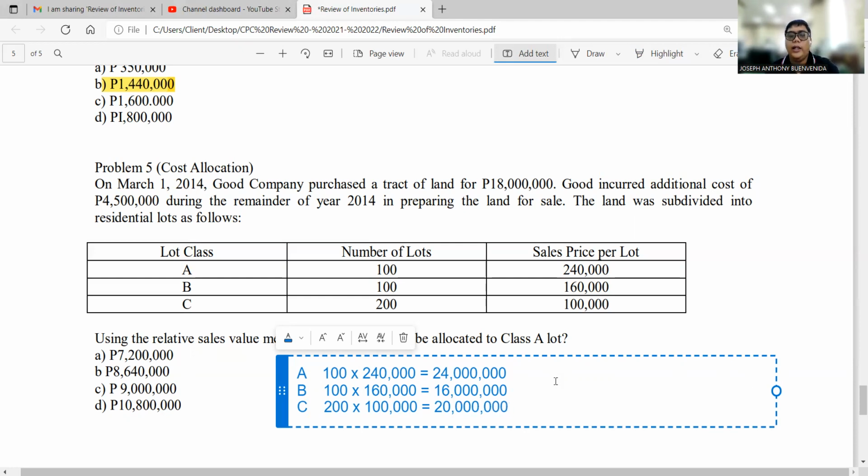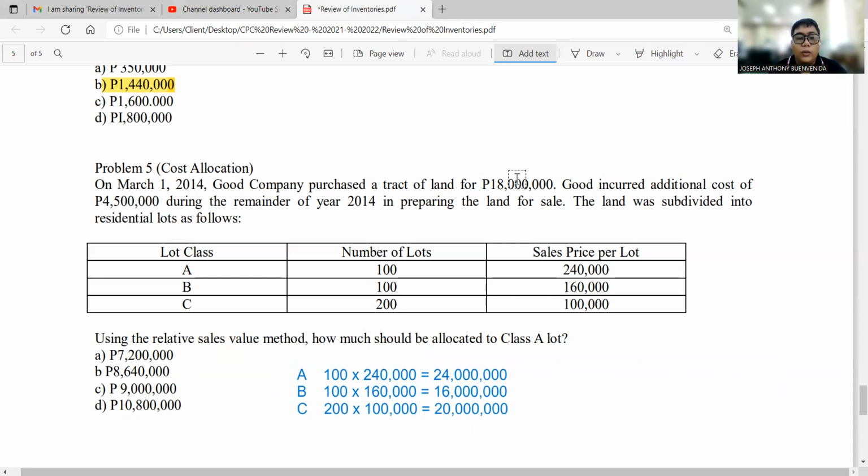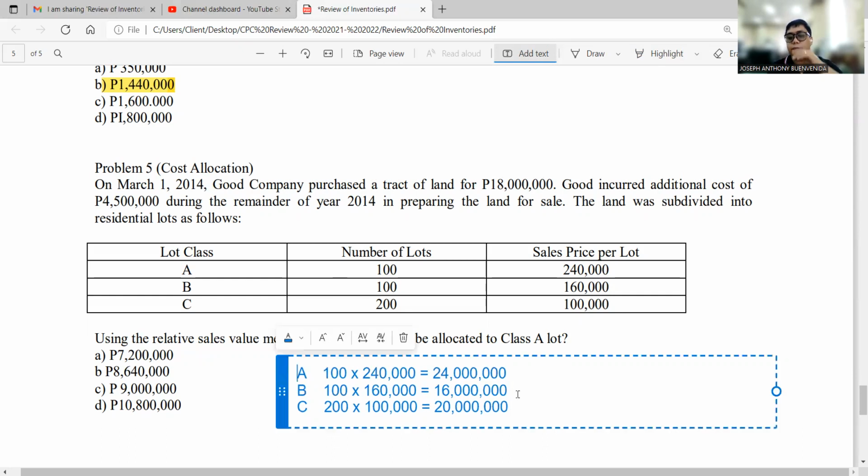So paano natin siya i-allocate atong value niya nga 18 million, no? So we need to allocate the cost sang land, no? Na 18 plus additional cost nga na-incur, na sang pagbakal natin sang duta nga 4.5. So paano natin i-allocate ang 22,500,000 to each lot of each class lot, no? So ang obrang sina naton, we need to prorate, no?